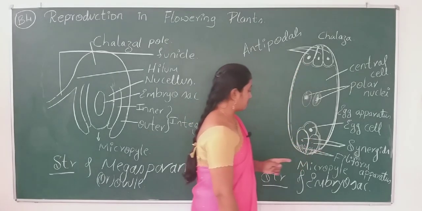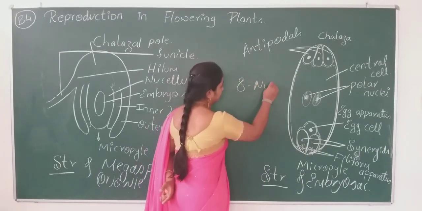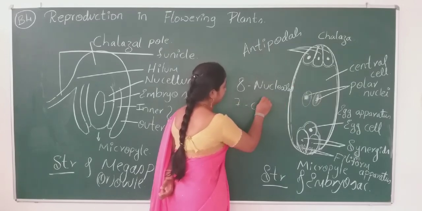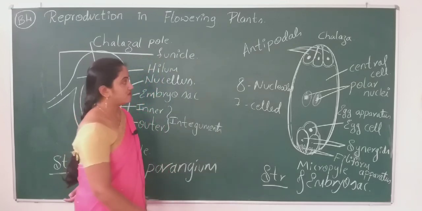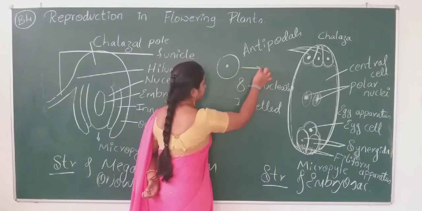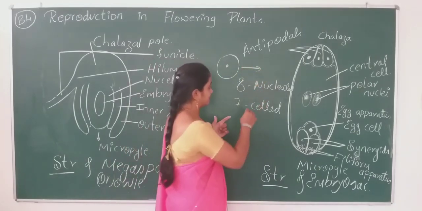That's all about the embryo sac, and it is 8 nucleated and 7 celled, though it develops from a single megaspore.